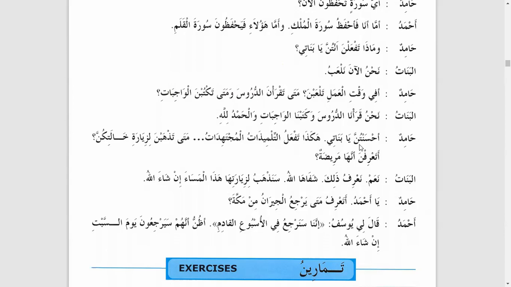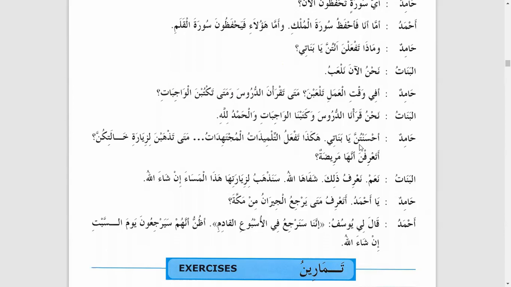It is the extended form of the trilateral verb because it has 4 root letters: alif or hamza, ha, sin, and noon. Past, because it does not have any of the forms of the present tense. It doesn't have yata, hamza, and noon.